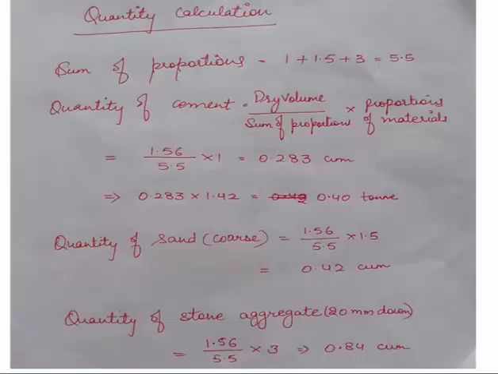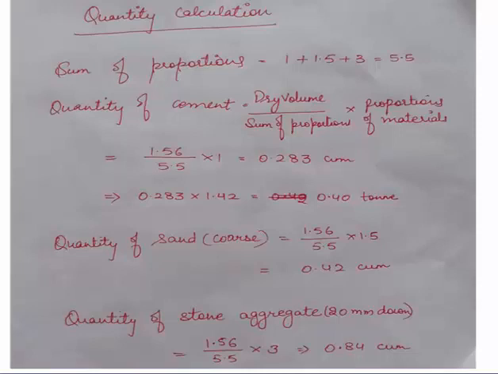using 1:1.5:3, that means the large size aggregates are not considered because it is not the PCC, plain cement concrete. Basically, it is the RCC, reinforced cement concrete, and it is not used for the PCC works. That means it is not the lean concrete.